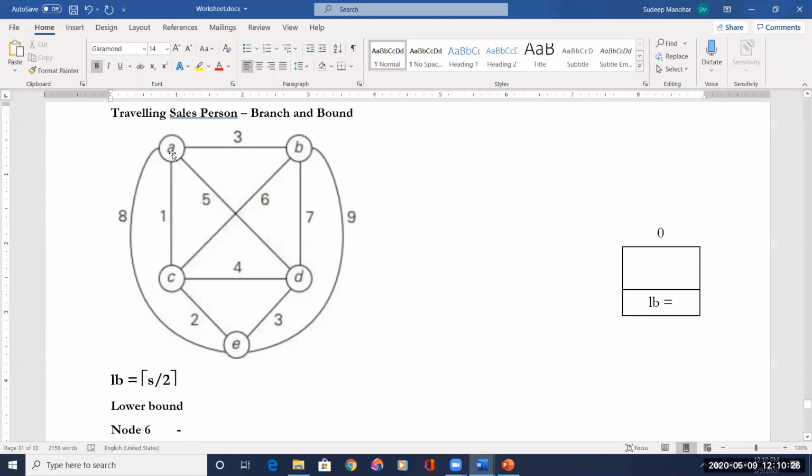City A. For city A, which are the two minimum? 1 and 3. And 3 is a compulsion, it is already included. 1 plus 3. For B, which are the two minimum? The minimum are 3 plus 6, isn't it? But this BD edge is compulsion. Therefore, you should skip this 6. You have to consider 3 and 7.